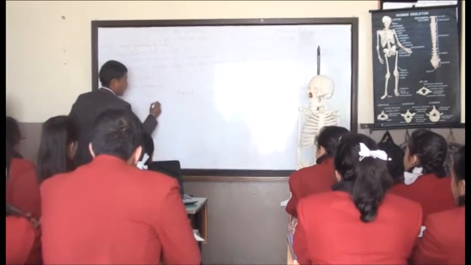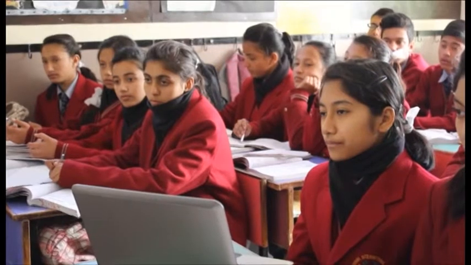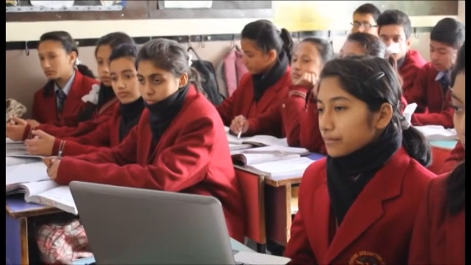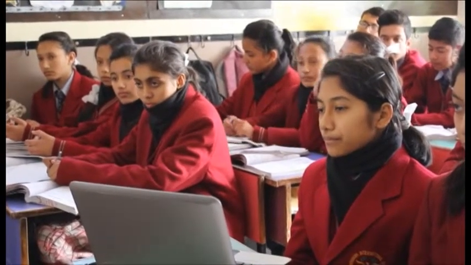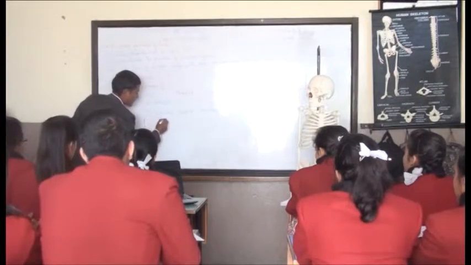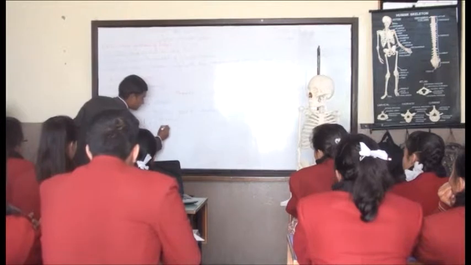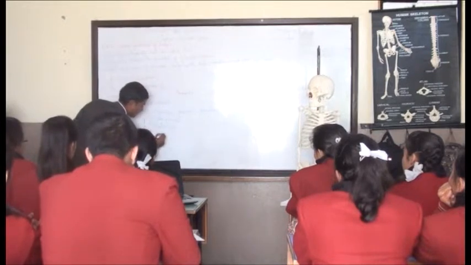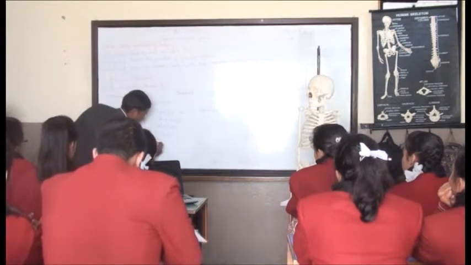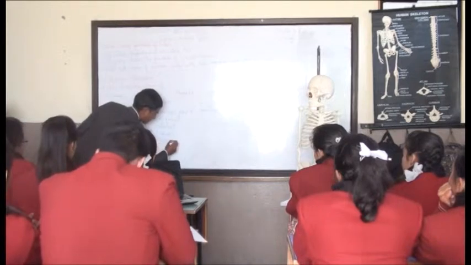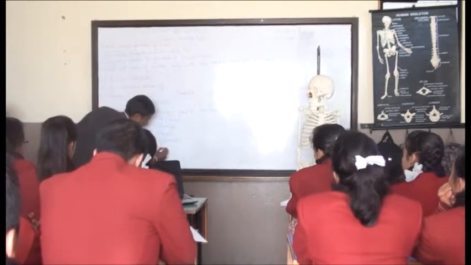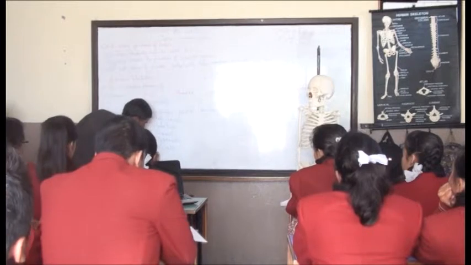V stands for vomer. I stands for inferior nasal concha. L stands for lacrimal. P stands for palatine. N stands for nasal, zygomatic, maxilla, and at the end mandible.